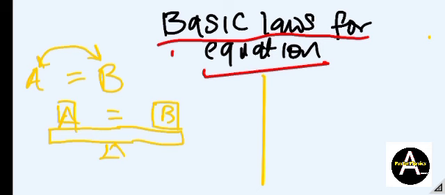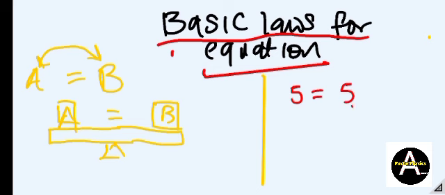So if they tell you that the cups of rice you cook, or the cups of rice you are eating, is 5 cups, and it's equal to the rice you shared to 5 children, okay, let's say 5 plates, it means that this 5 and this 5 are equal.